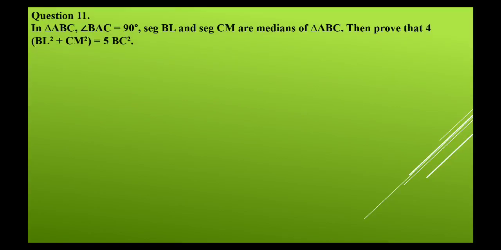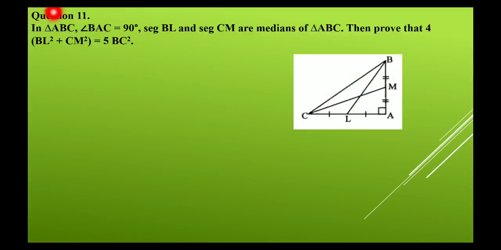Now question number 11. In triangle ABC, angle BAC is 90 degrees. BL and segment CM are the medians of triangle ABC.